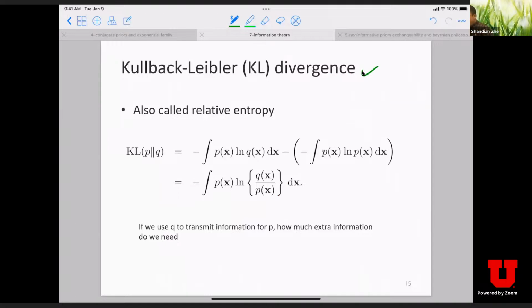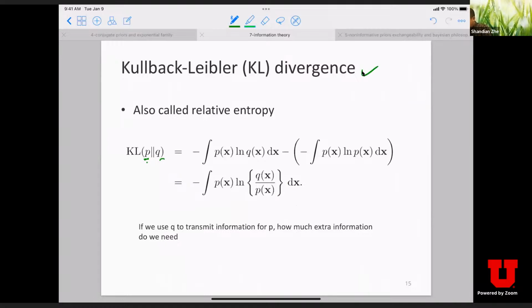It measures the difference between two distributions, P and Q. If you compute the KL divergence from P to Q, you integrate P of x times the logarithm of the fraction Q over P, times dx, and then you put a negative sign here.